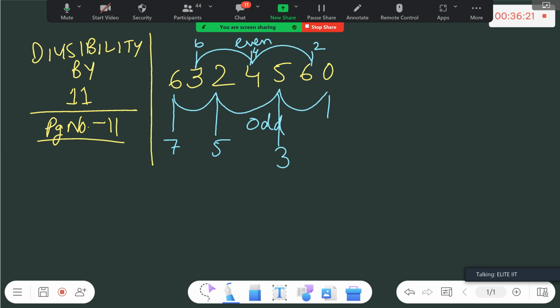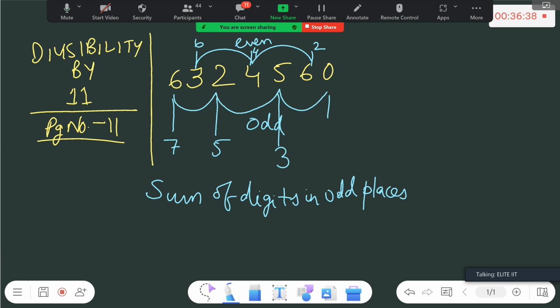So if the sum of the digits in odd places is equal to the sum of digits in even places, then we can say that the number is divisible by 11, right?